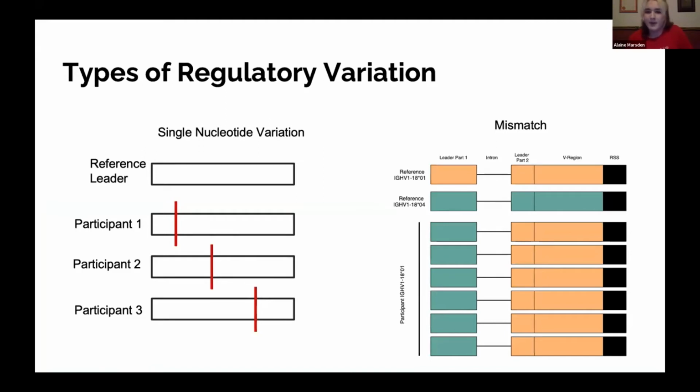And then on the right-hand side, there was a mismatch because upon further investigation, some of these sequences actually just matched other alleles. So what you're looking at here is IGHV 1-18, where most of the sequence in our participants actually matched the 0-1 allele, but the leader matched the 0-4 allele.